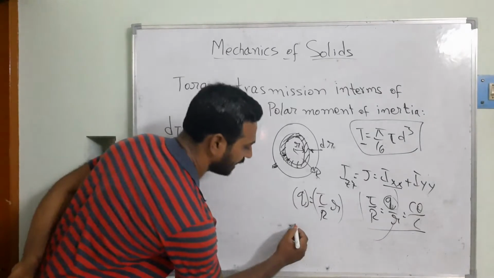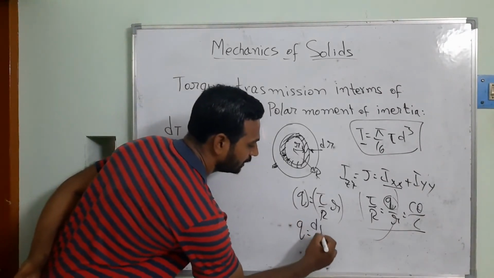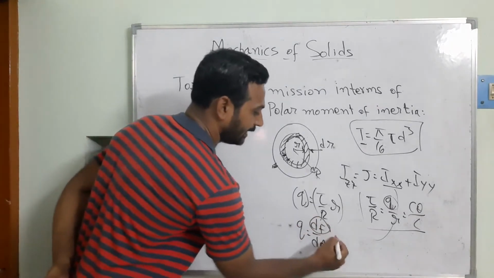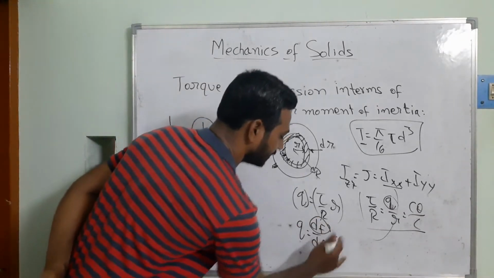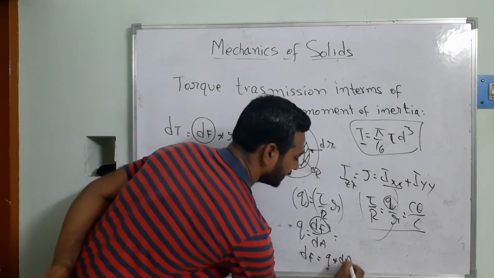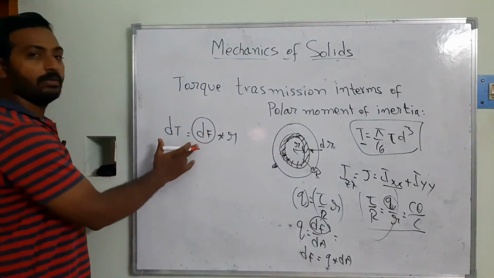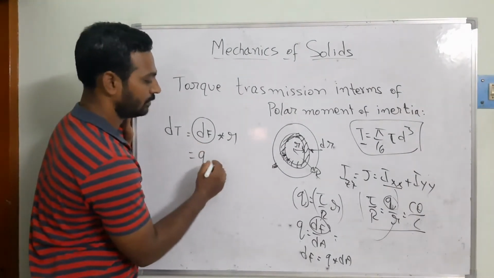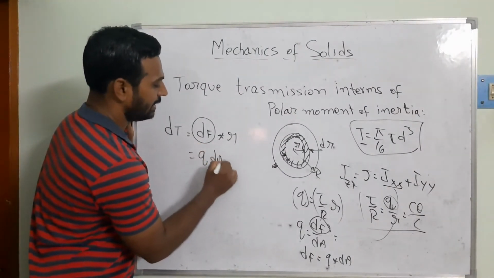We know this is the shear stress, so I write q is equal to dF by dA. From this equation, dF is equal to q into dA. The same equation I write over here: dT is q dA into r.